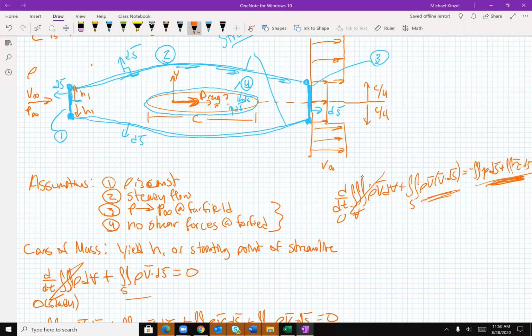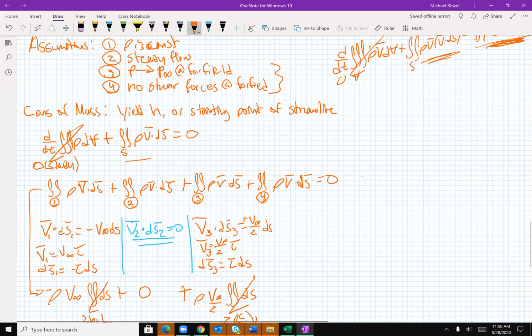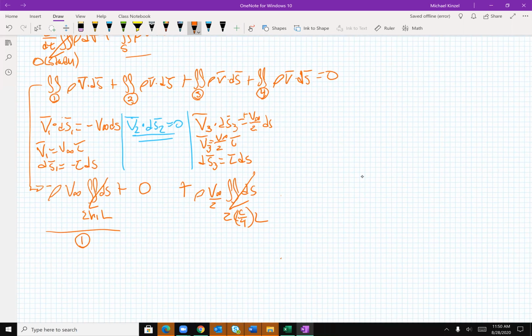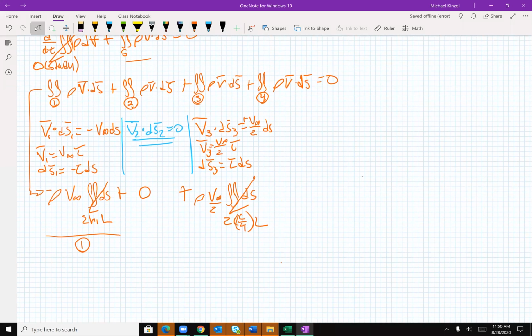We have 2 of them, and we multiply them times L. Just to comment here, if this velocity is not constant, we have to keep it in that integral, which is more consistent with a typical wake.